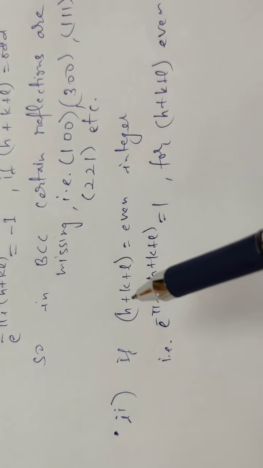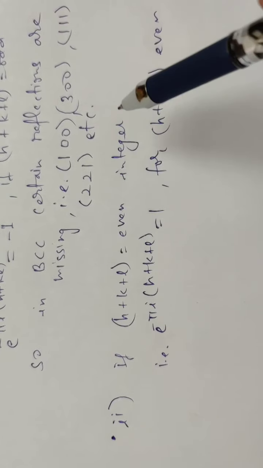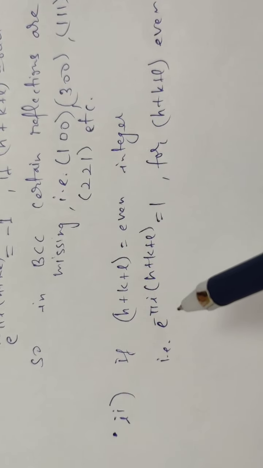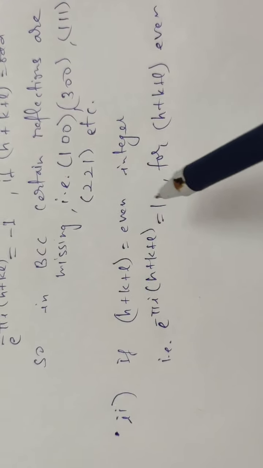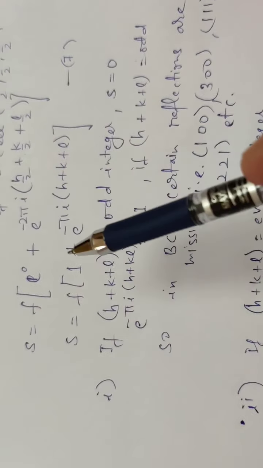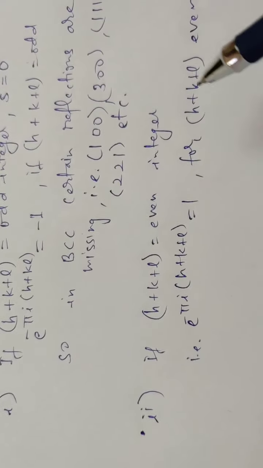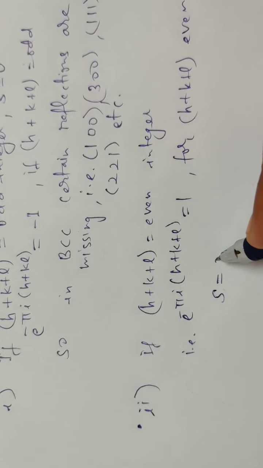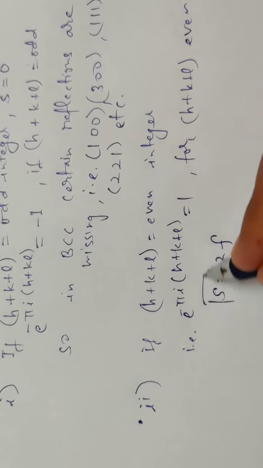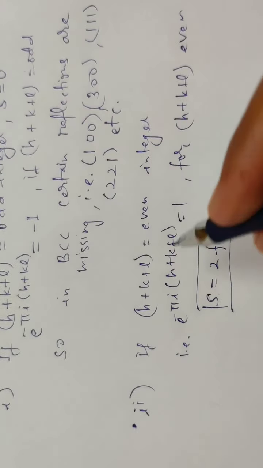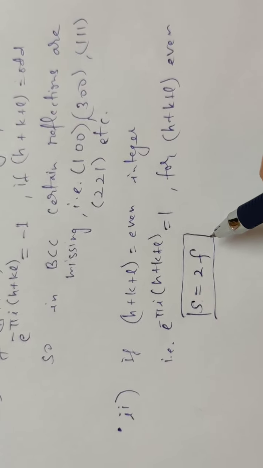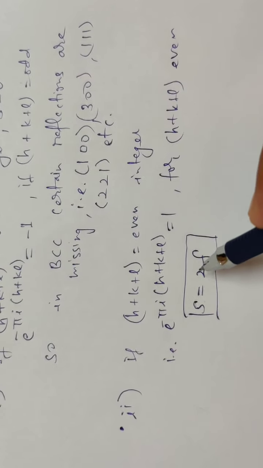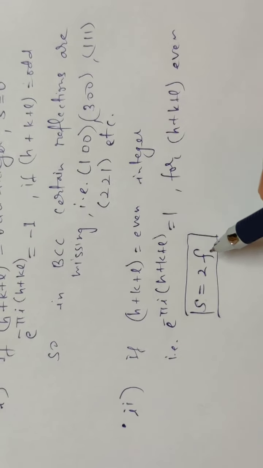Now for even combinations, if HKL is equal to even integers, then this factor will be equal to 1. So now S will be equal to 2f. So for even combinations, S is equal to double the scattering amplitude.